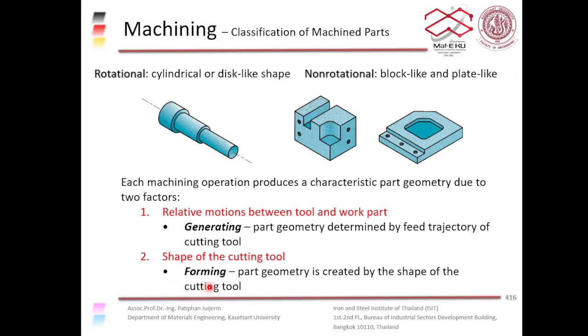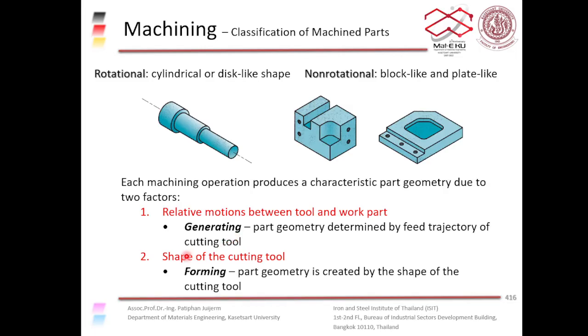For a generating process, your cutting tool will not have any fancy shape. You just have either one cutting edge, or maybe a cylindrical tool with multiple cutting edges. You are basically just generating a new surface.